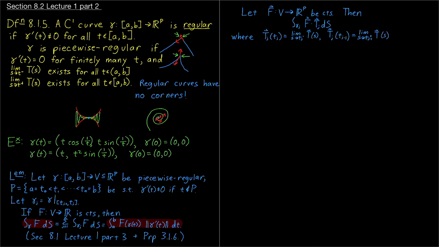So these meaningfully exist. f is continuous. The tangent vector now is continuous. So we can sum these from j equals 1 to n.